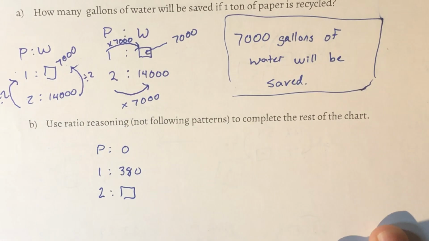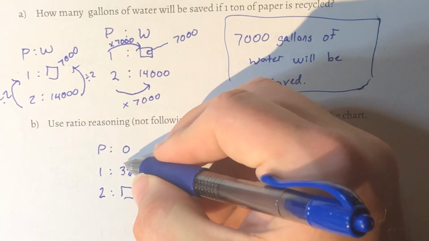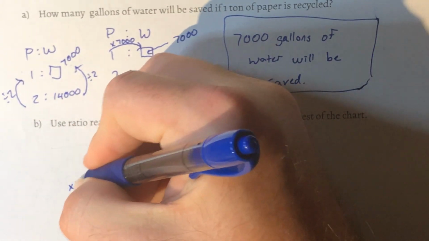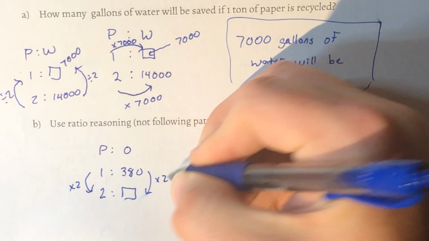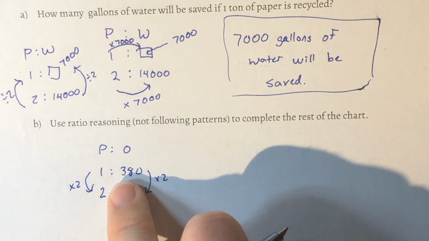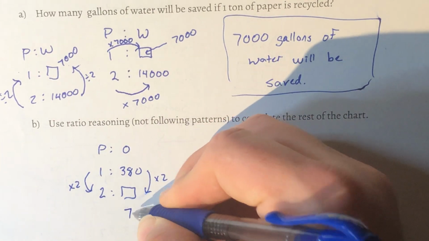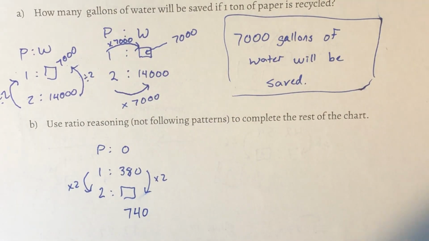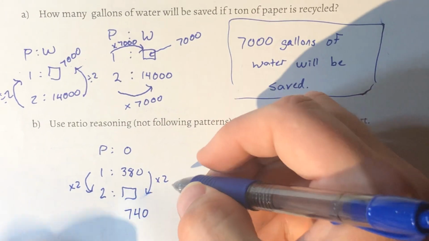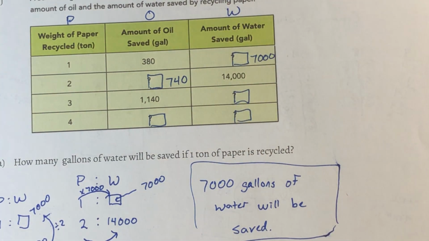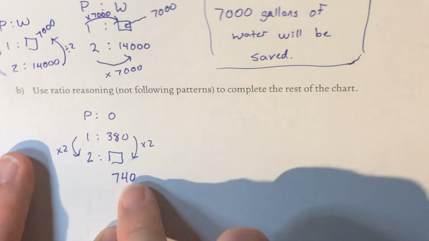Okay, answer box is on the bottom or on the right. Let's go down because it's easy to go from 1 to 2. 1 times 2 is 2. 380 times 2 is 740. So that is that box right there. We used ratio reasoning to do it.